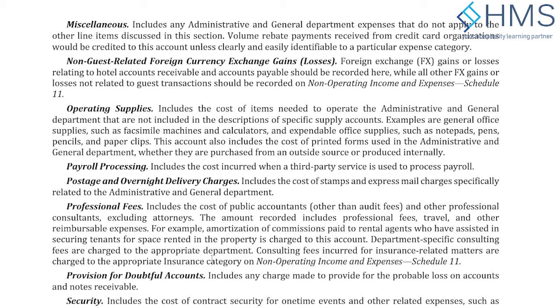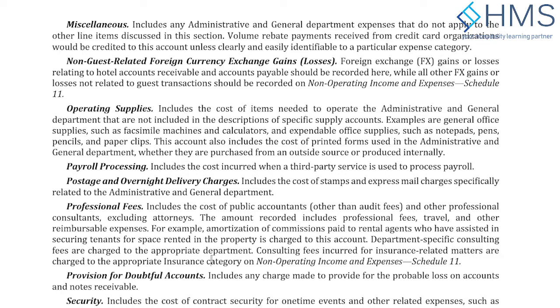Professional fees will be the cost of public accountants, not the audit, but general consultancy. Lawyers will go to the legal fees, but other consultants like the HR consultant or the security consultant will give you the professional fees. So it will include their traveling and other reimbursable expenses as well, or the commissions to the rental agents who have assisted in securing tenants or a space in the property, charged to this account.